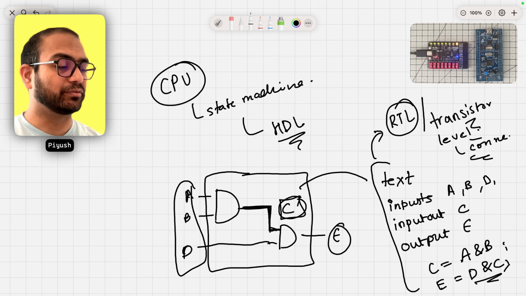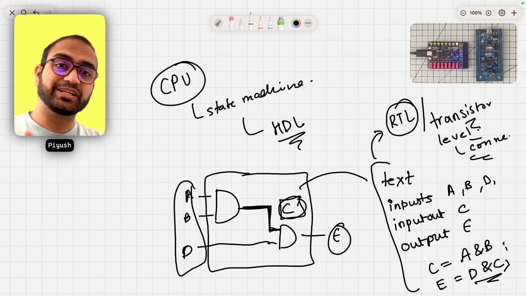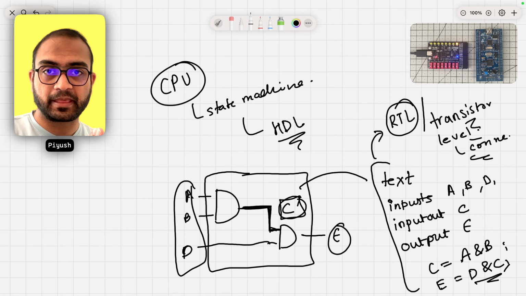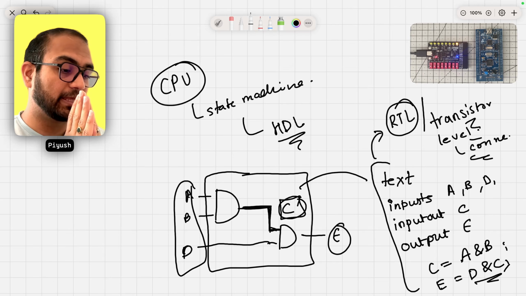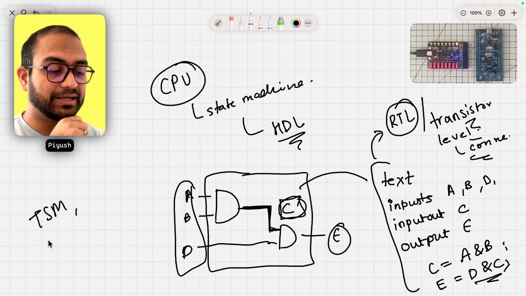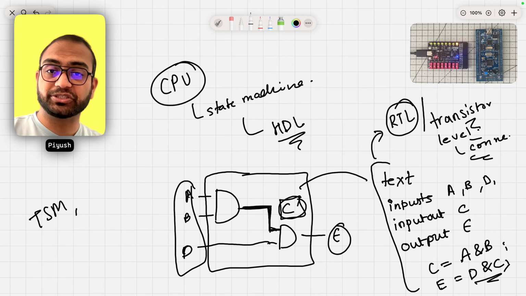This is a detailed topic in itself, but the idea is reading a text and translating it into how different transistors need to be connected. Then that final file can be sent out to fabrication labs like TSMC, Samsung, Intel, and they can manufacture the chip for you.